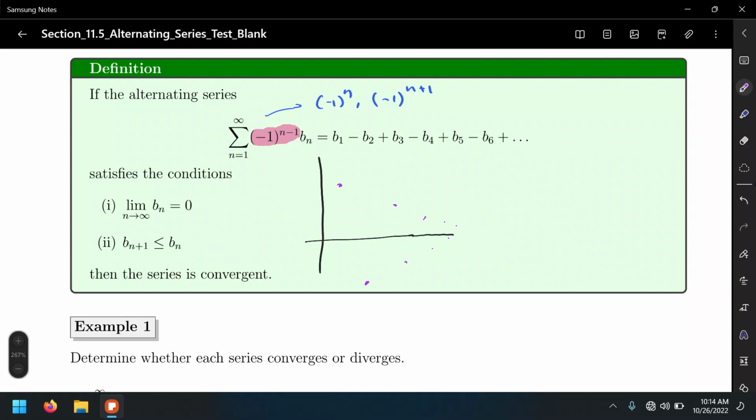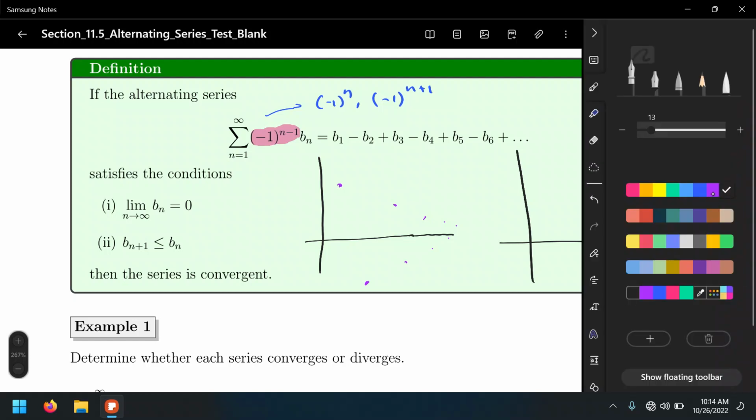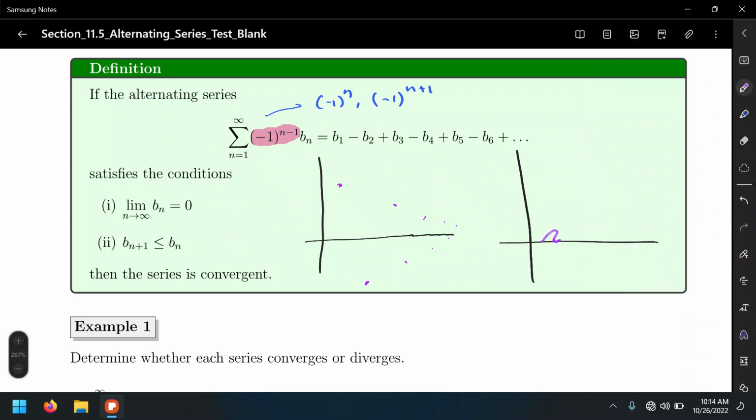We want that decreasing behavior, because otherwise, if it's increasing, it starts positive, negative, positive, negative. See how it gets bigger every time?